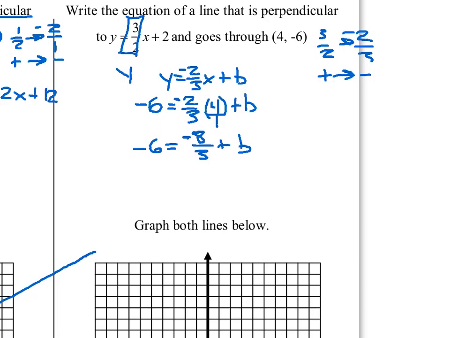Janelli, now what? Add what? Add a positive 8/3 to both sides.